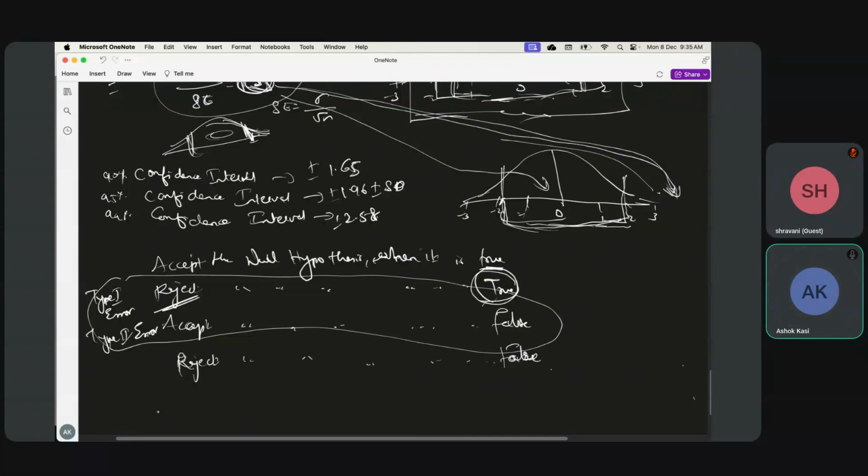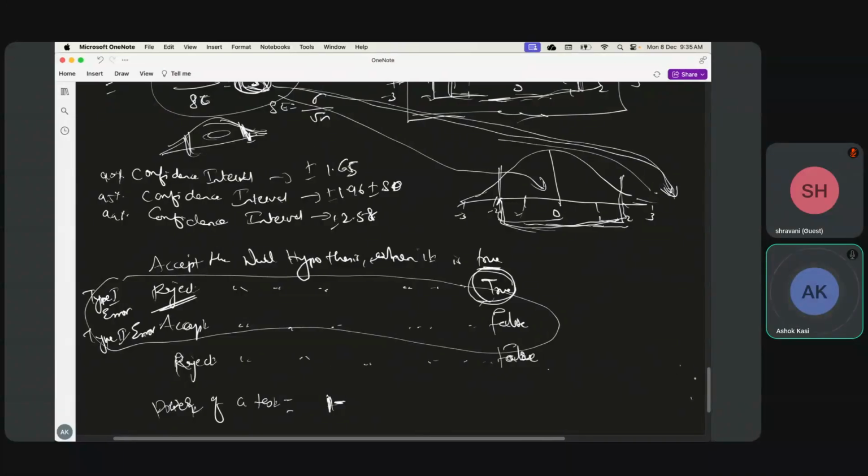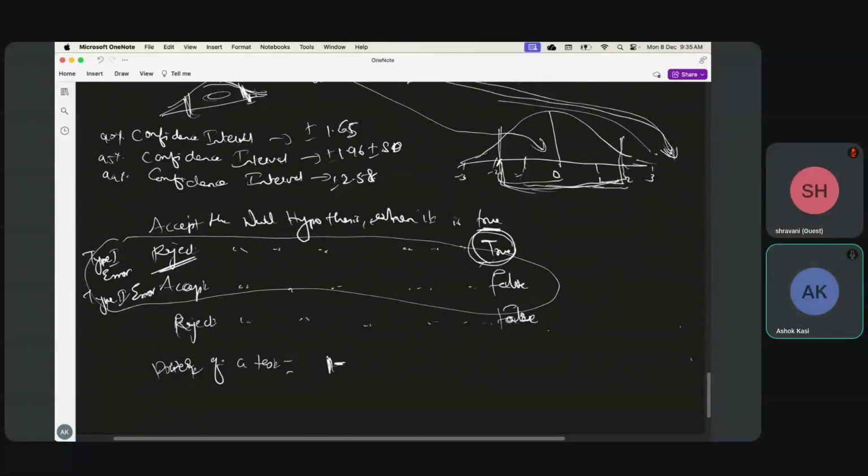Then there is another term called power of a test. Power of a test is 1 minus the probability of type 2 error.